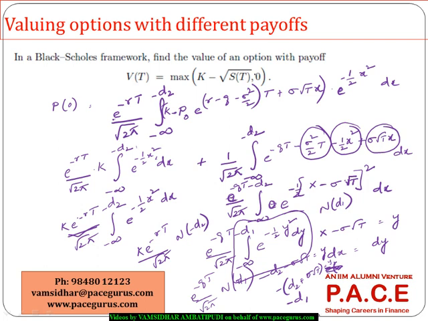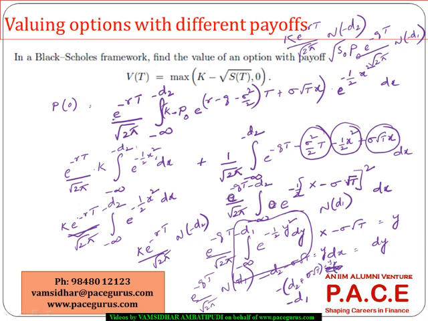So directly it is working out to the formula k e power minus rt by root 2 pi N of minus d2, and I am also looking at p naught e power minus qt by root 2 pi N of minus d1, and p naught is nothing but square root of s0. Instead of p naught, I will write it as square root of s0 e power minus qt divided by square root of 2 pi N of minus d1.